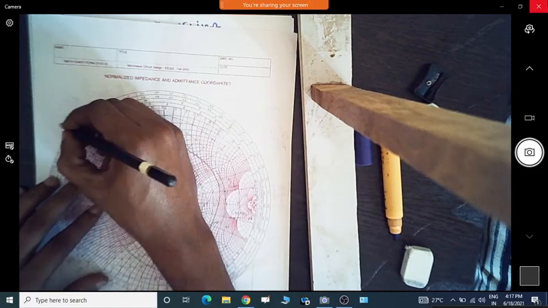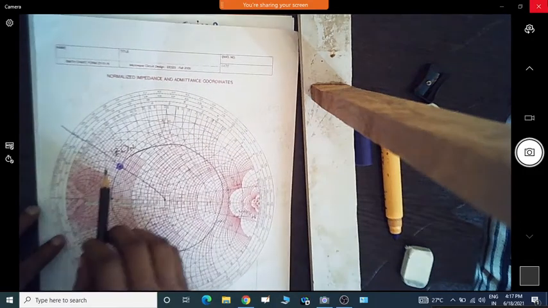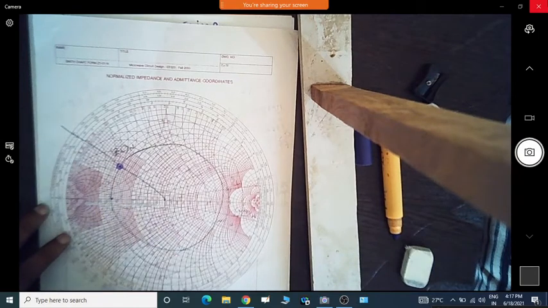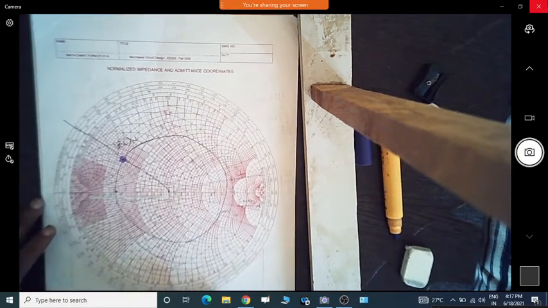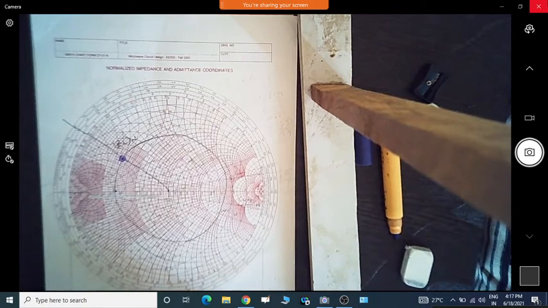What is the value here? Can anybody tell? Can anybody tell what is the value after joining?